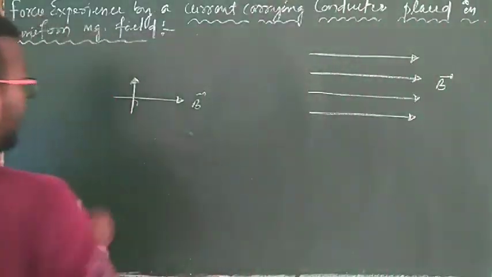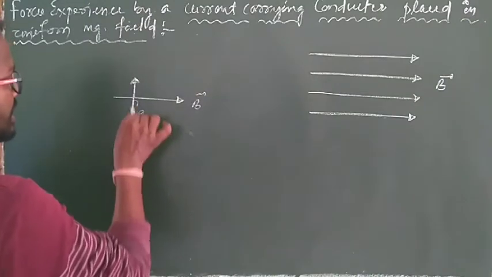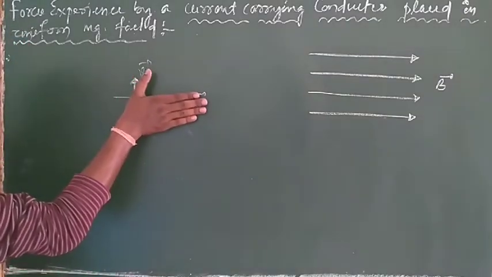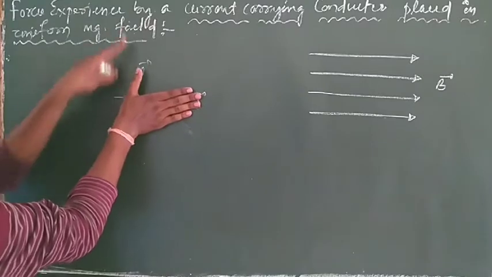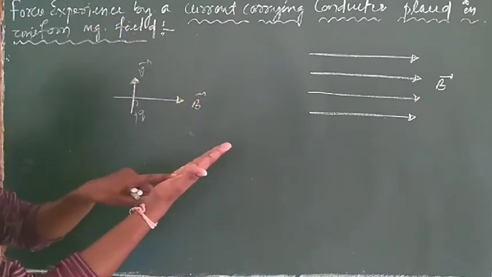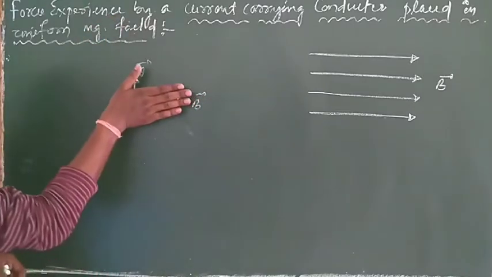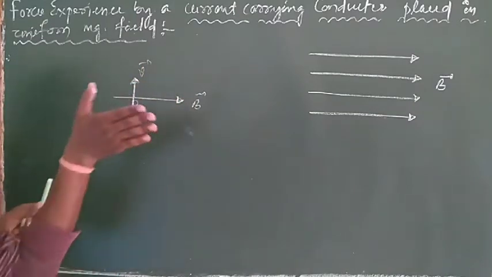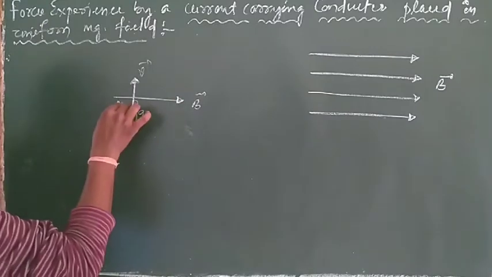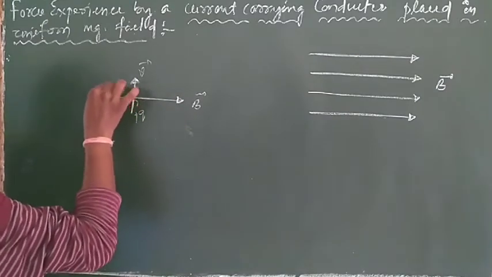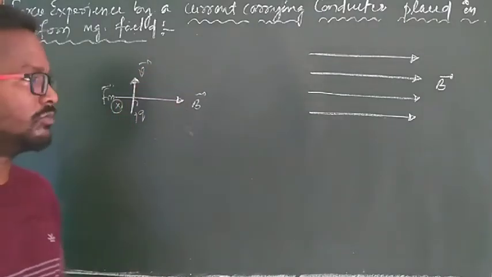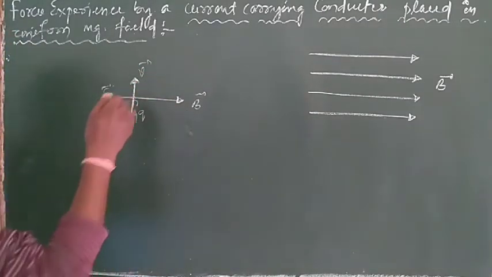So if a charged particle moves perpendicular to the magnetic field with velocity v, and the magnetic field is in the inward direction, then the magnetic force acting on this charged particle is also represented in the inward direction.